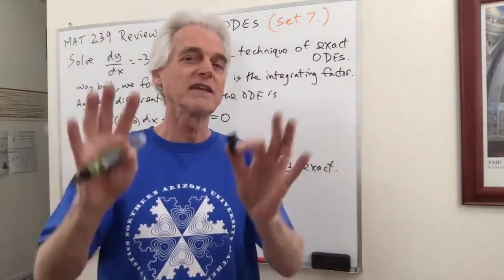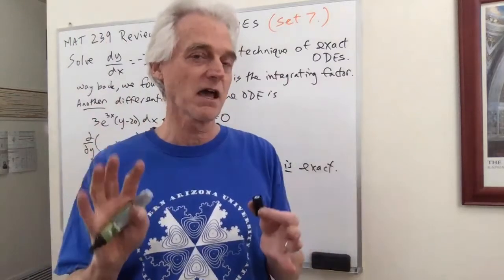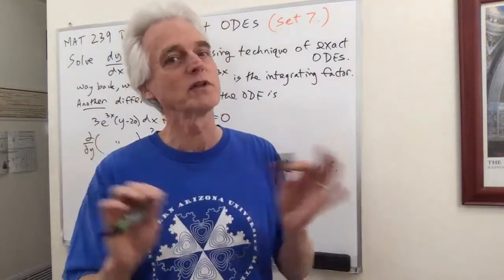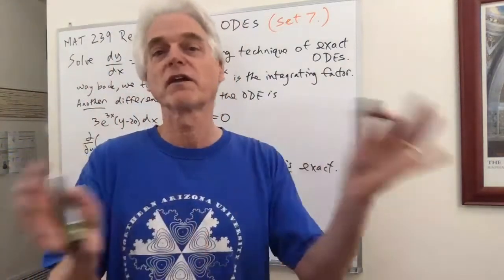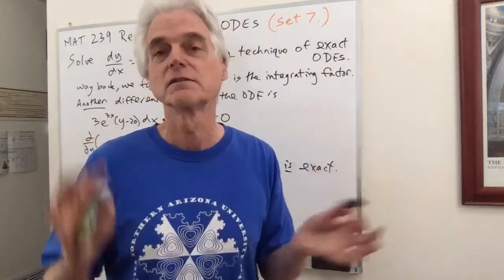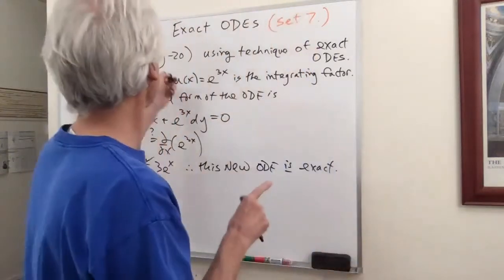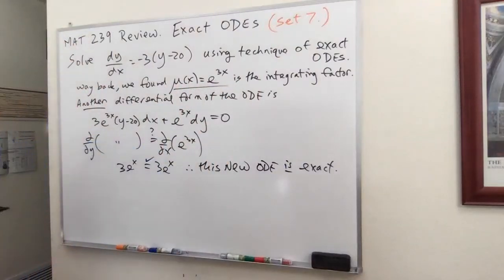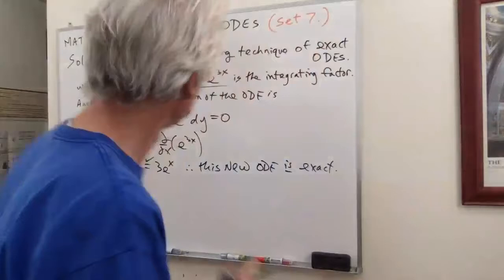If you had taken this class 100 years ago, you would have probably spent a lot of time learning how to figure out what these integrating factors, these mu, which can be mu of x and y, have to be for various situations. But we don't worry about that too much now. So I might tell you to use an integrating factor, like say e to the 3x, but you don't have to come up with it yourself.